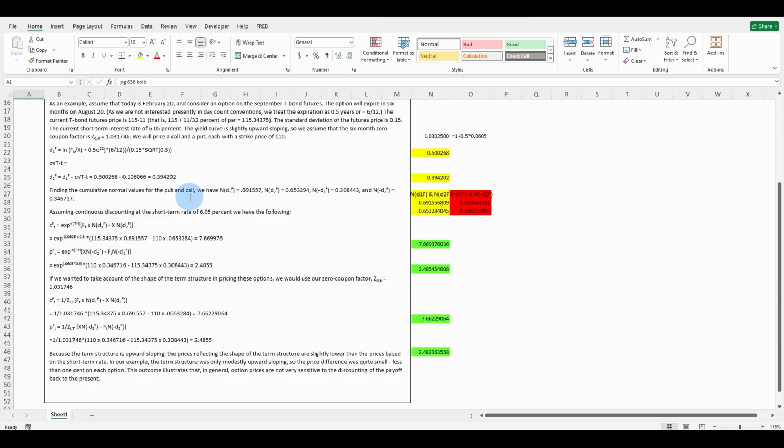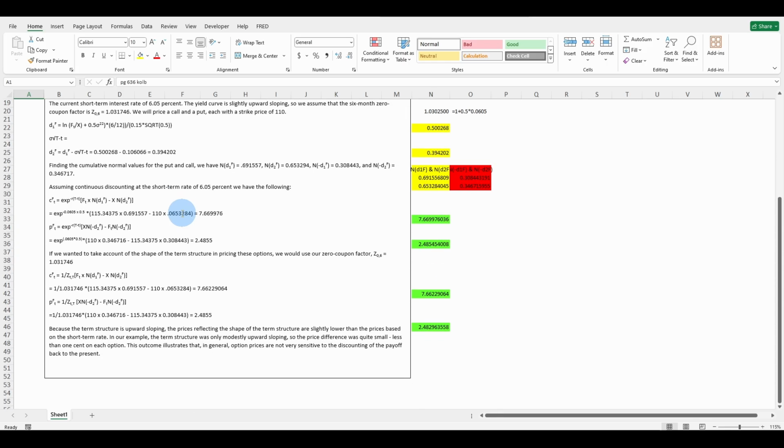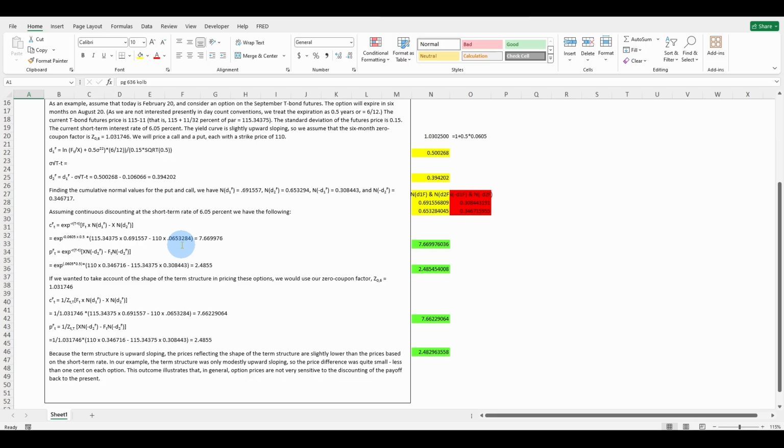Go back up and start plugging in this information: 115.34375 times N(d1), which is 0.691557, minus 110 times 0.653294, equals the call price. Then you have 2.485. So it looks like this is the call price, and this is your put price.